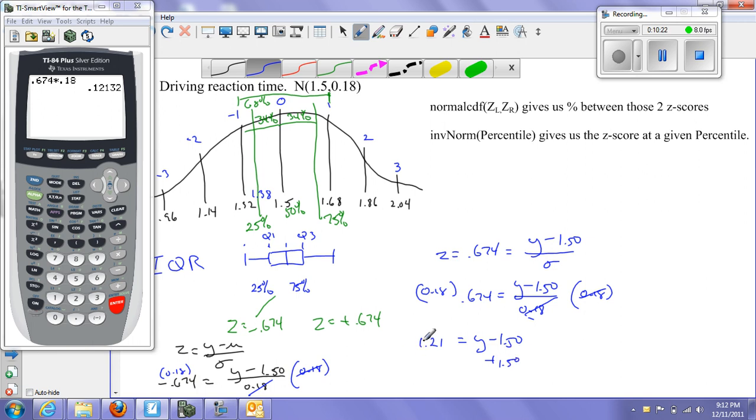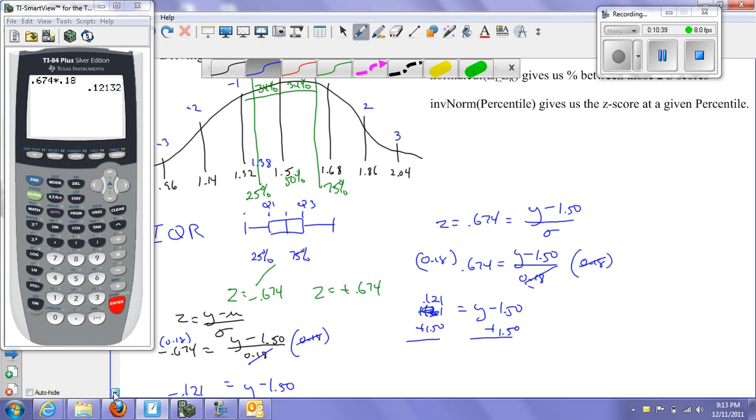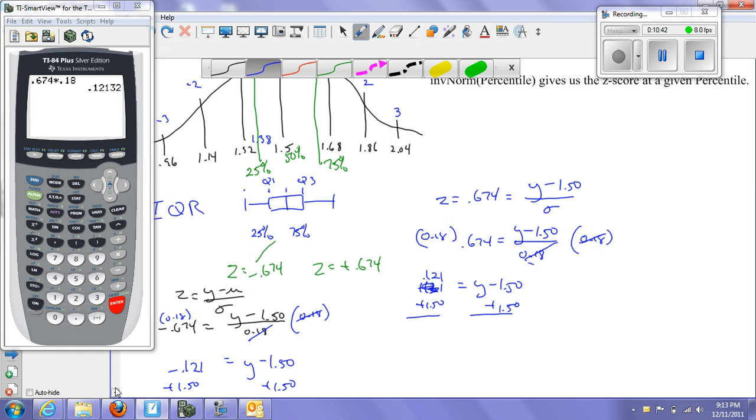Let's add 1.5 to both sides. I get y over here, and that's equal to 0.121 plus 1.5, which is 1.62.